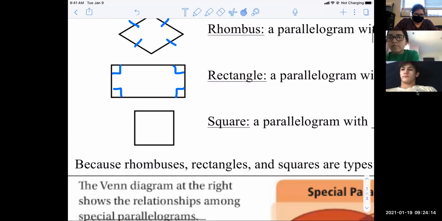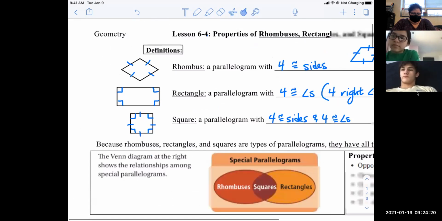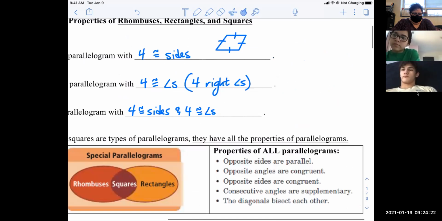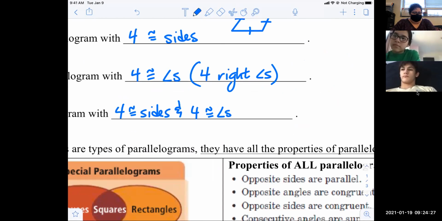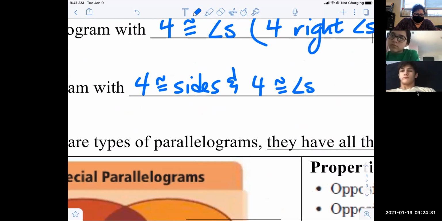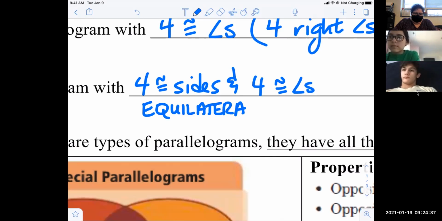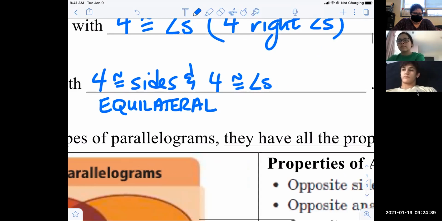Can you give me a special name for a square? A square is the only quadrilateral that is what? 4 congruent sides and 4 congruent angles. Okay, so it has 4 congruent sides, so it's equilateral, but so is a rhombus. It's equilateral because it has 4 congruent sides.